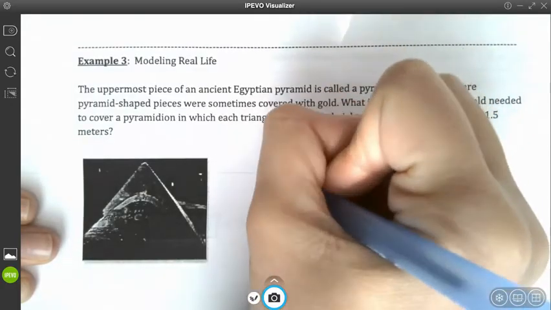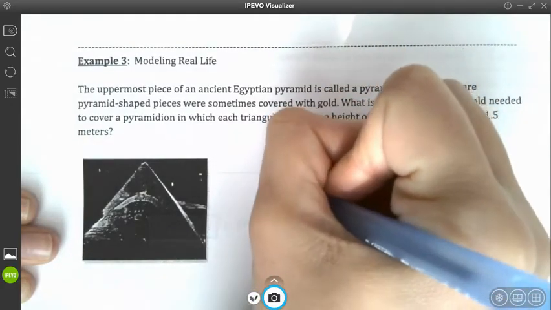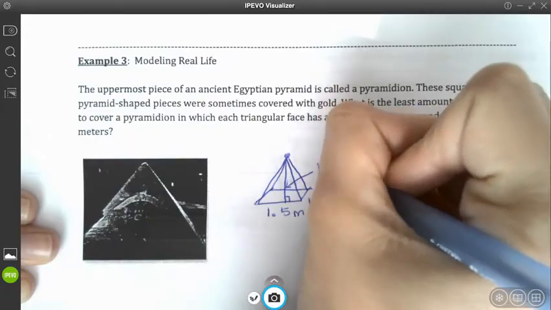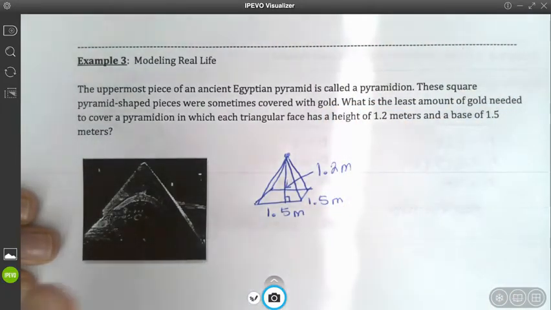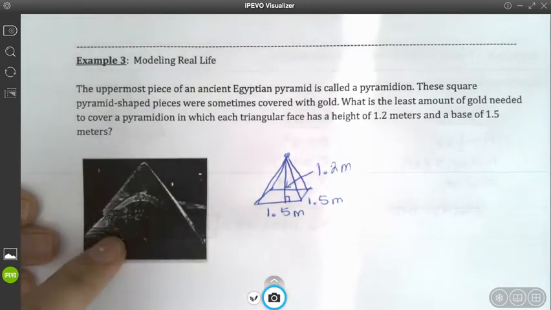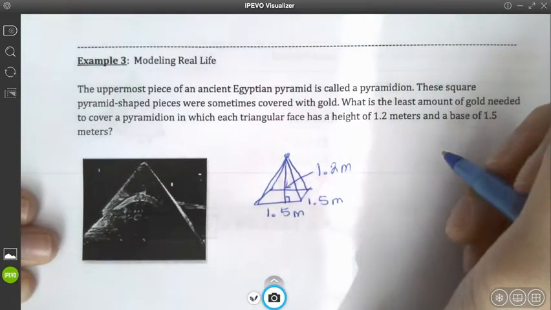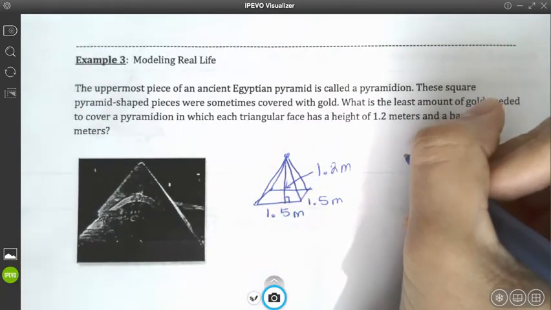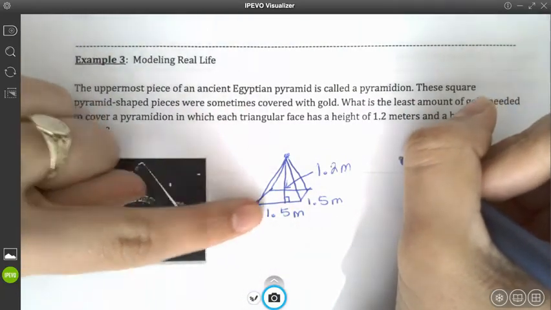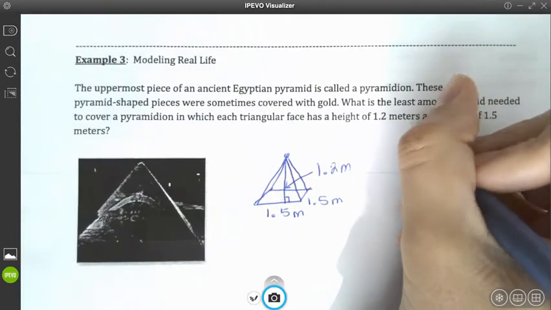And then the height is 1.2 meters. So this is going to be covered in gold. So I'm going to find the surface area of the whole thing. When we cover something, it is surface area. And I see 5 faces, the 4 lateral faces and the one on the bottom.